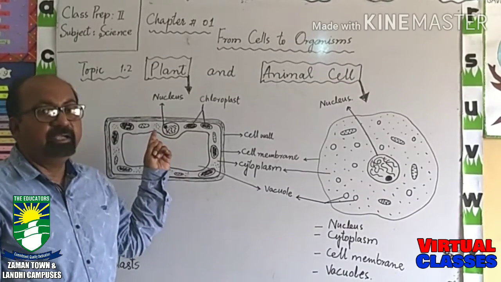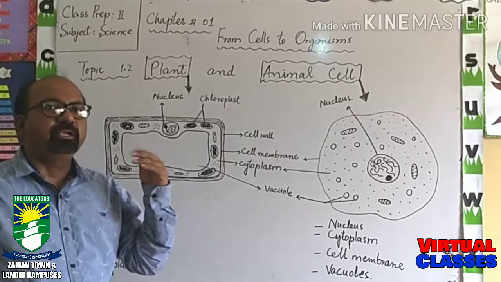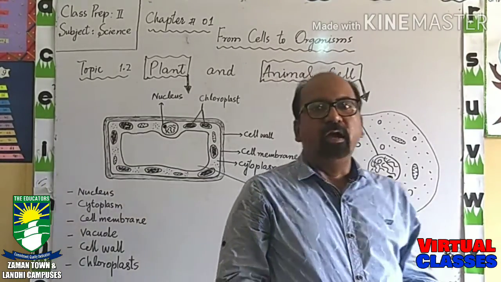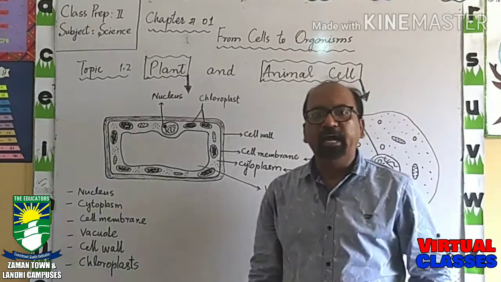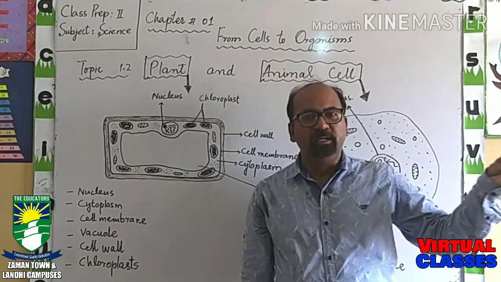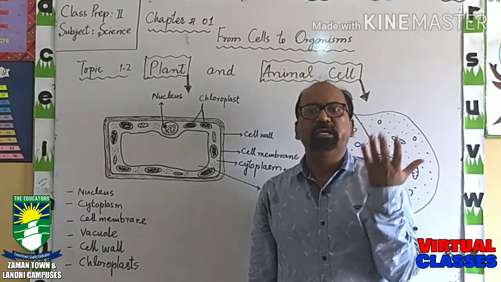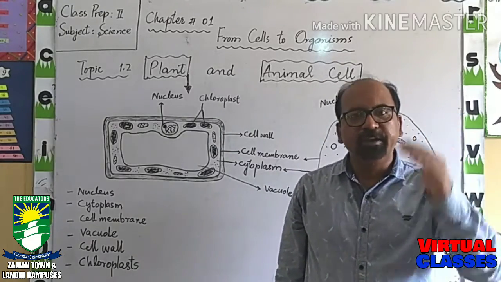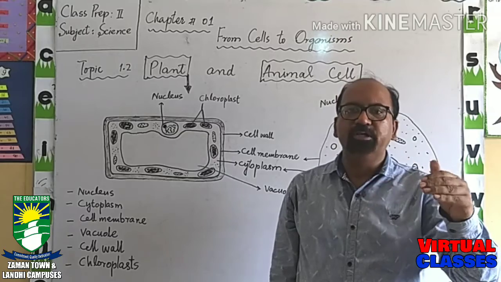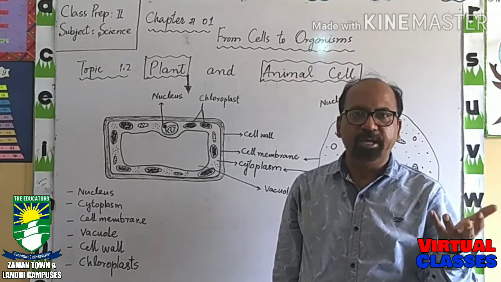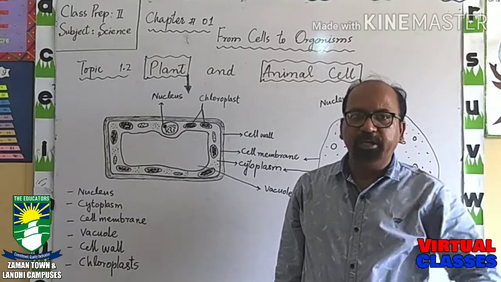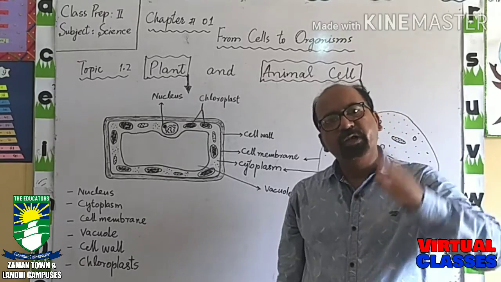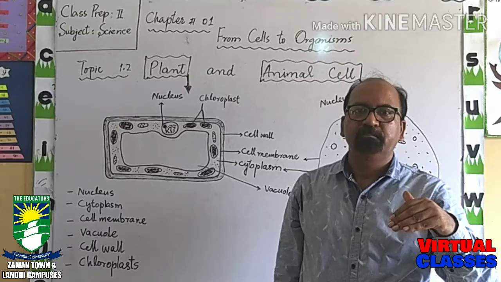And it also includes the cell repair as well. What is cell repair? Sometimes we see that plant, if we take the example of plant, the bark or the stem of the plant is damaged by any way. But after few days, we see that that damage is repaired automatically.